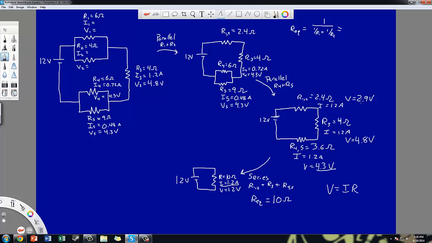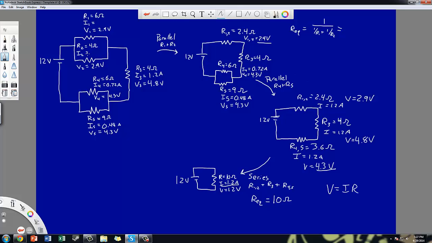I knew that the voltage on it was 2.9, so the voltage on 12 is still 2.9. I'm just writing it here so I have it. When I look at these two, they were combined in parallel, and so it's the voltage again that I carry back with me to each of these. So 2.9 volts, 2.9 volts, and I just have to solve for current.